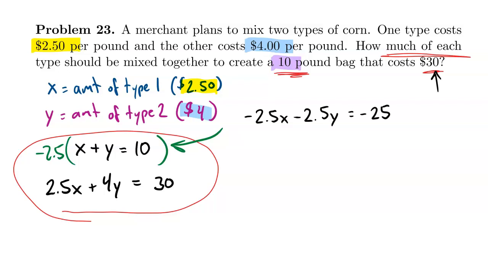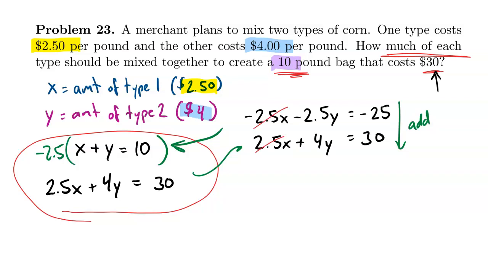My second equation, I'm going to keep the same, positive 2.5x plus 4y equals 30. And now, what I can do with these two equations is add them together. That will eliminate the x term because they have opposite coefficients.